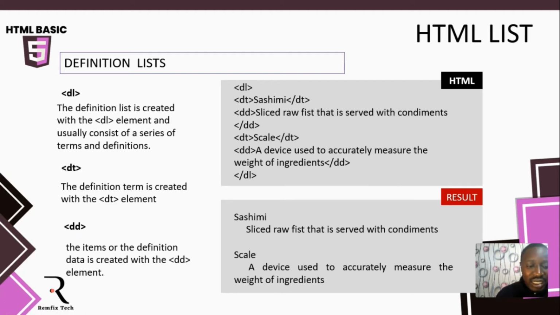The definition data is created with the DD element, and that's why you see I have this DD, with an opening tag and a closing tag. Now this is the first item that was defined. After this, we have another item which is scale. It starts with the DT, the definition term, and we have the DD, the definition data, and we have this example here.